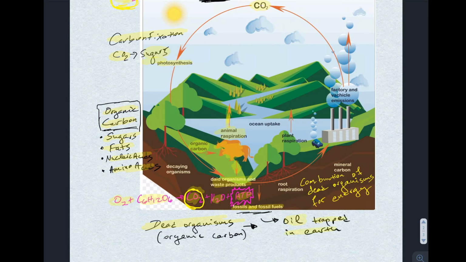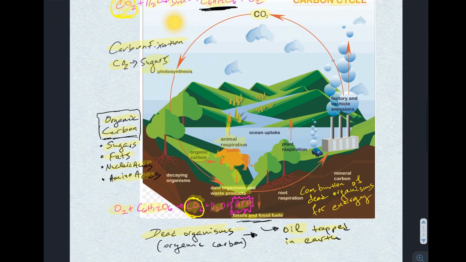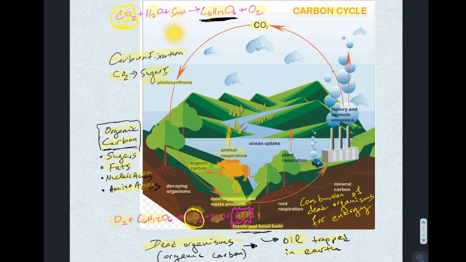Nowadays, we can take that oil and use that carbon material. We can burn it, and that's what combustion means, is to burn. We can do combustion of these dead organisms and recapture that energy from those bonds of that carbon.